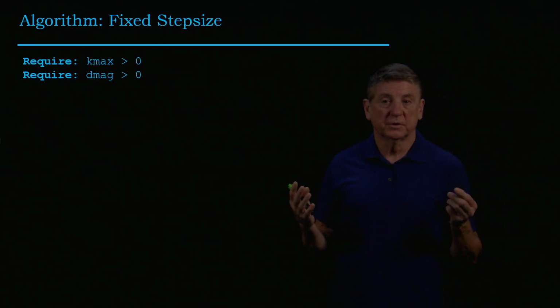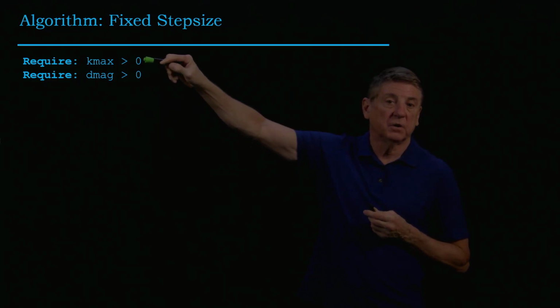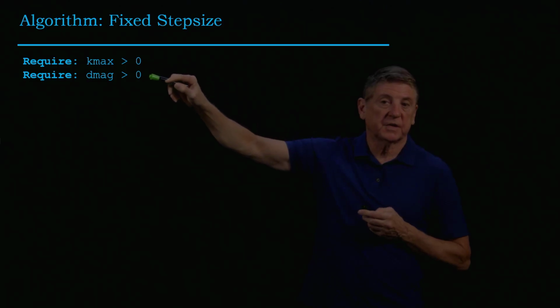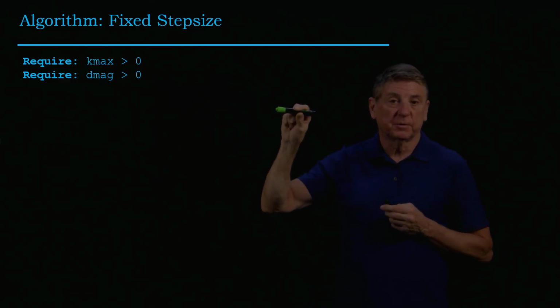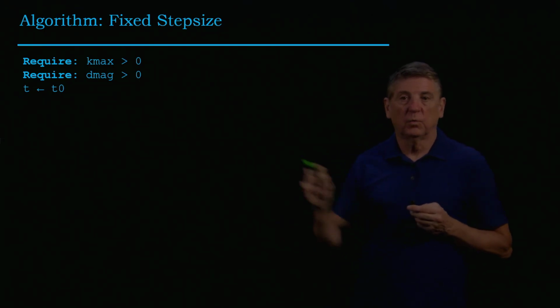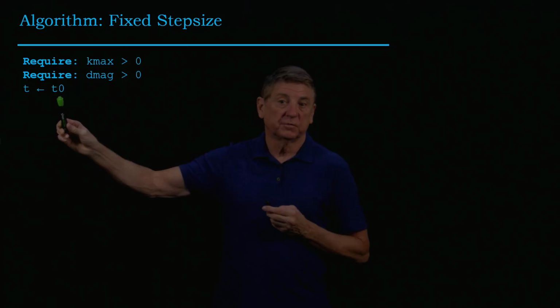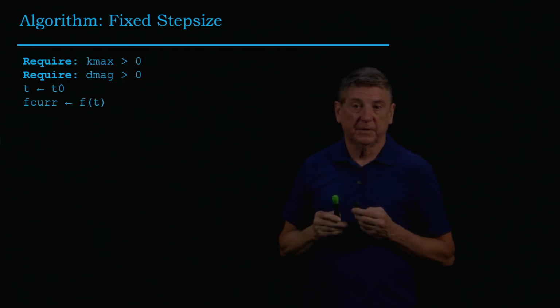So let's go through a simple algorithm. What we'll do is we'll say that the number of iterations is provided by the user. The user says stop when things get really flat. So when the first derivative gets close to 0, you can stop. And what we'll do is we'll set up our free variable as being the user provided initial estimate.